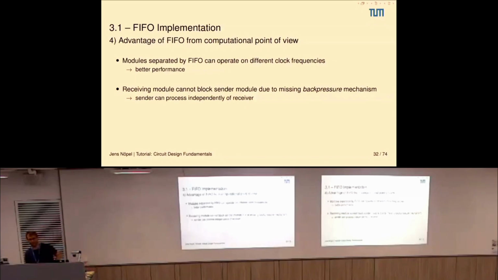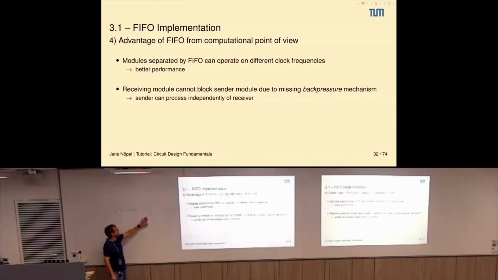So let's assume you have a module A and a module B. Module A wants to send data to module B, right? But module B says to module A, no, I am not able to receive data.